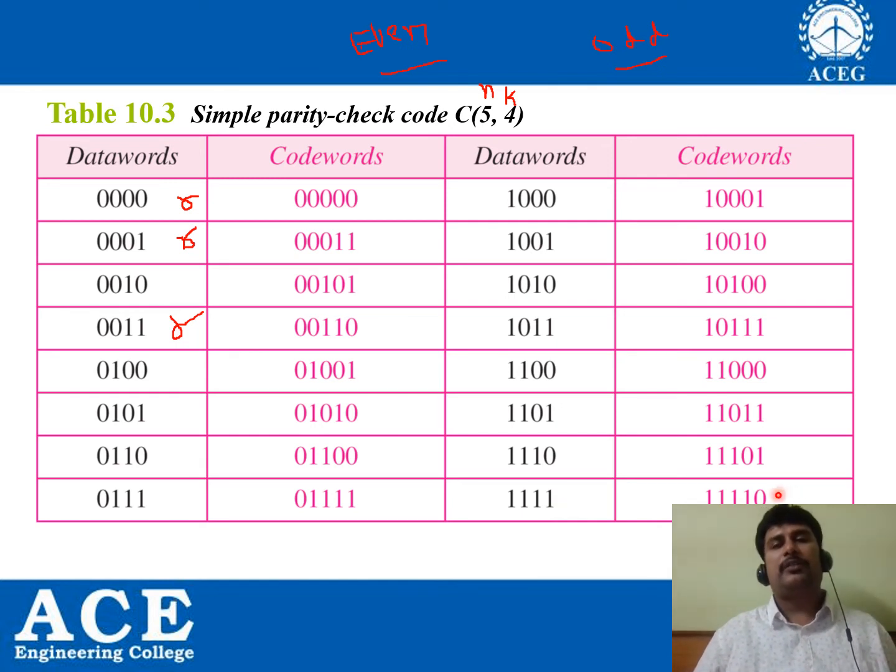So this is one of the first and simplest error detection techniques, called simple parity check, where the total number of ones including the data word and redundancy bit should match the required parity. If even parity is followed, the total number of ones should be even, and if odd parity is followed, the total number of ones including data and redundancy should be odd.